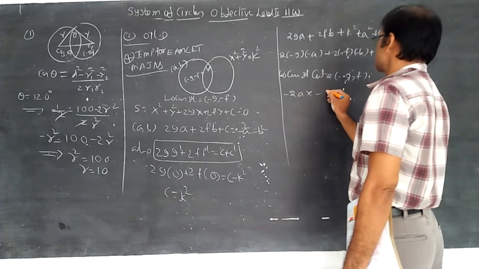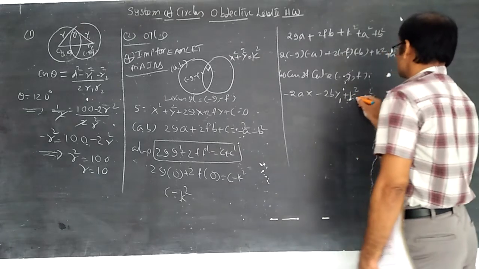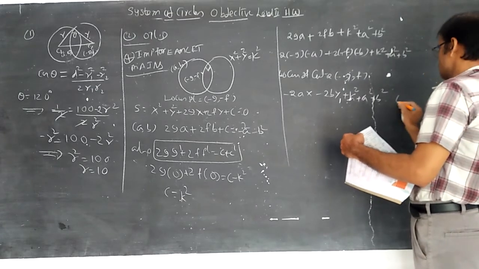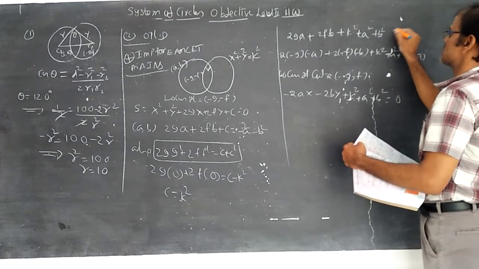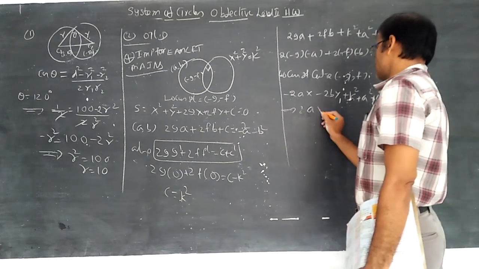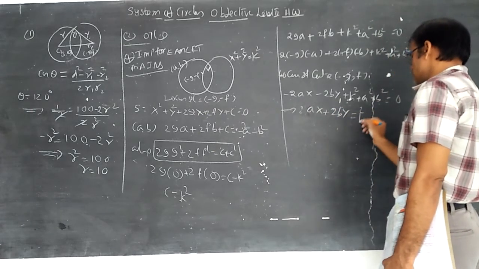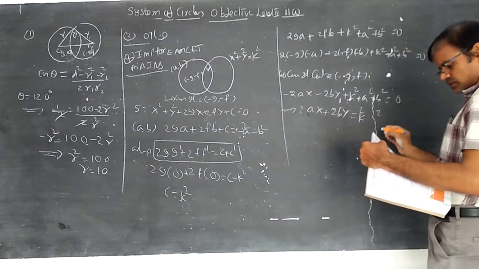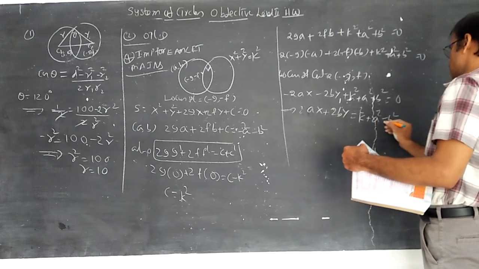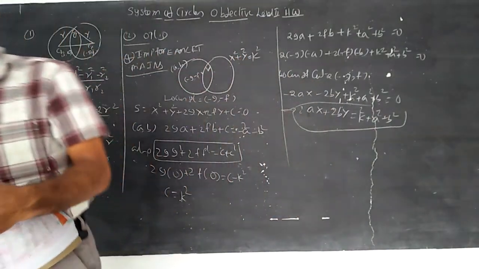So minus 2ax minus 2by plus k square plus a square plus b square equal to 0. Taking these terms to that side, you can write 2ax plus 2by is equal to k square plus a square plus b square. Here it is the first option. Already this sum also we discussed, but I forgot to say. Anyhow, we completed the fourth question.